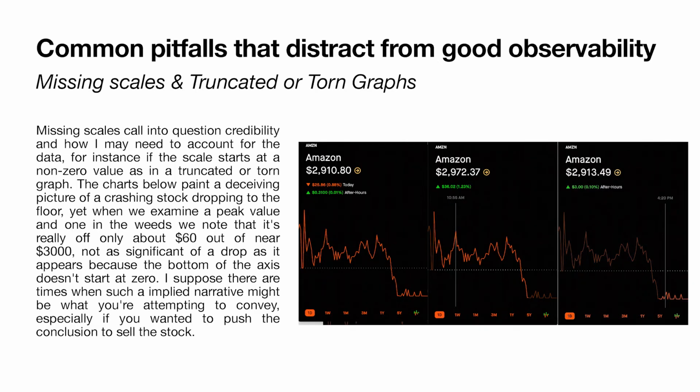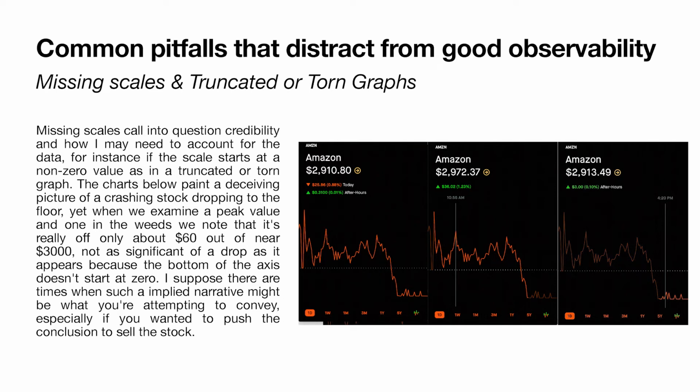And also in terms of missing scales, we have this other problem, which is called truncated or torn graphs. We see this a lot, and this was in the Robinhood app I took out just the other day. It looks to me like the price of Amazon stock just tanked and hit the floor. But really what's happening is we're only looking at the top half of the graph. We can't see what the scale is here.